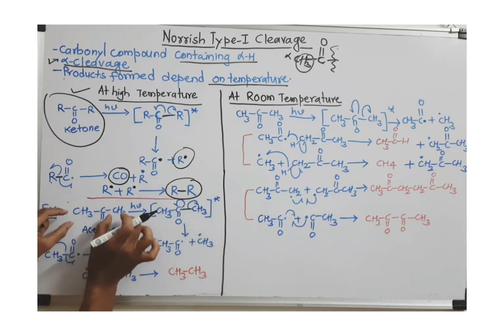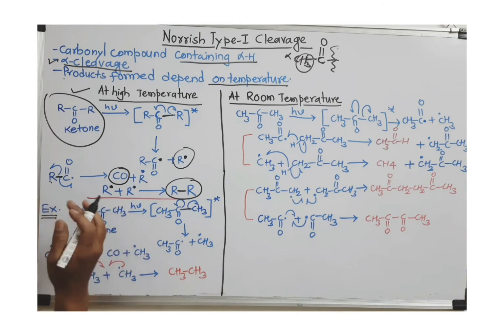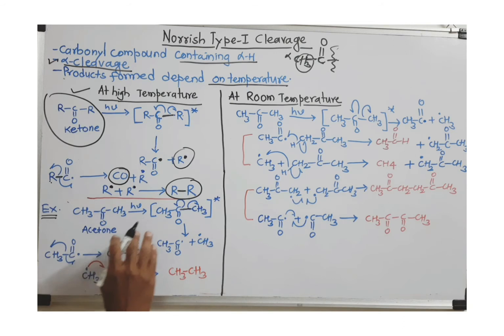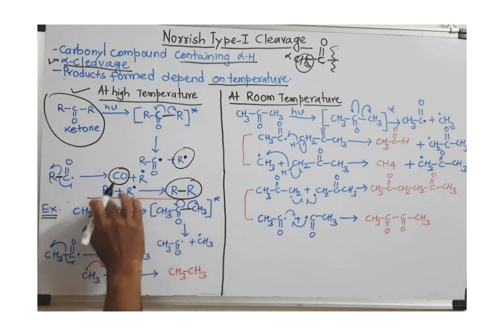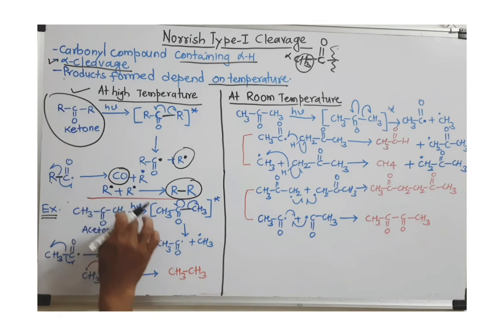But if the two groups are not identical, that means the ketone is unsymmetrical, then you consider the bulkier group, because that will produce a more stable free radical. So stability of the free radical you must consider before cleavage. That is the predominant product.